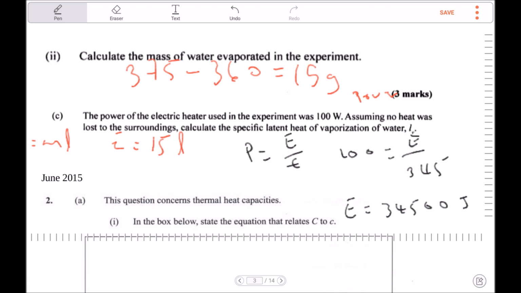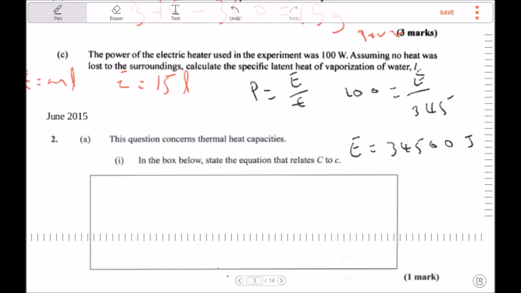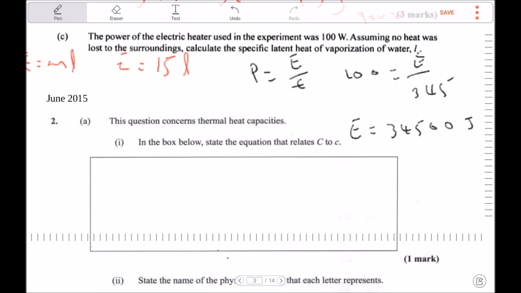So just to finish our question now, let me just write it in this space here. Energy equals mass times latent heat. Our energy is 34500 equals our mass is 15 grams times our latent heat.